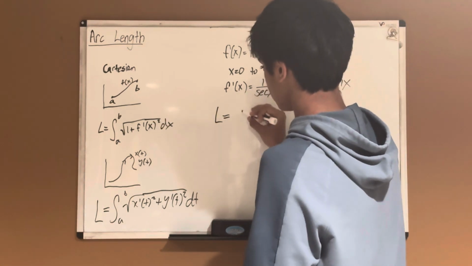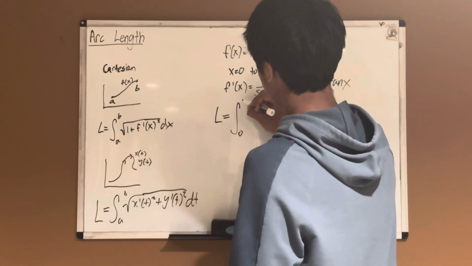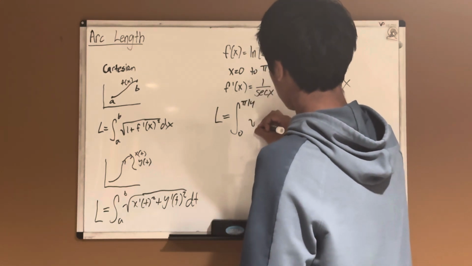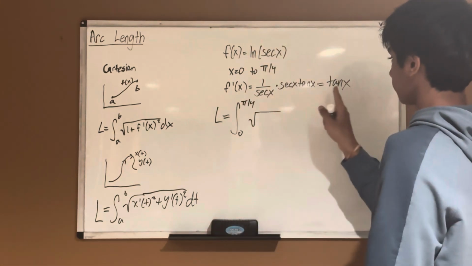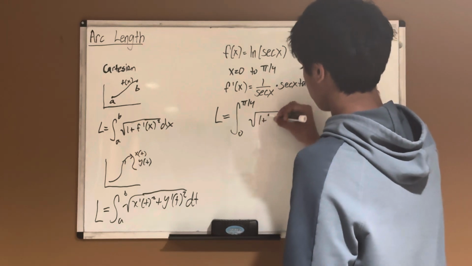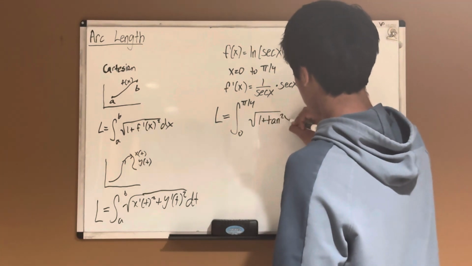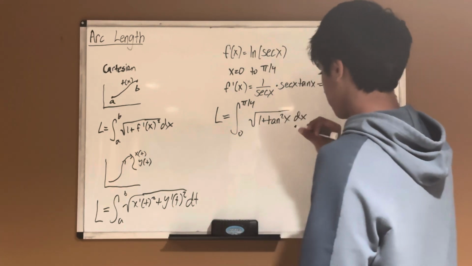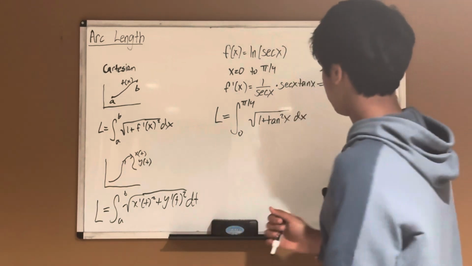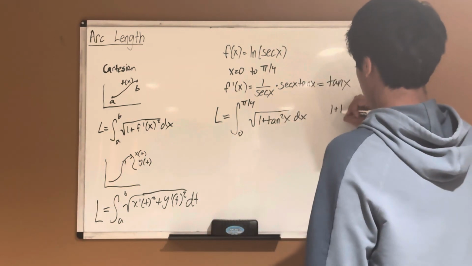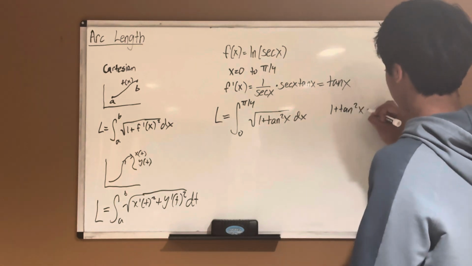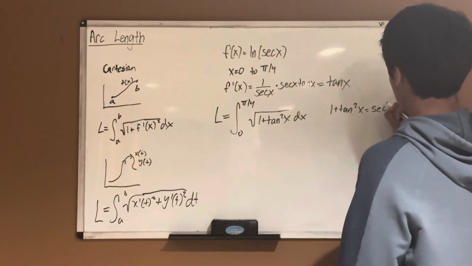We get arc length is equal to the integral from 0 to pi over 4 of the square root of 1 plus f prime of x squared, which is the same thing as 1 plus tangent of x squared, based on our formula. If you're up on your trig identities, you should know that 1 plus tan squared x is equal to secant squared x.